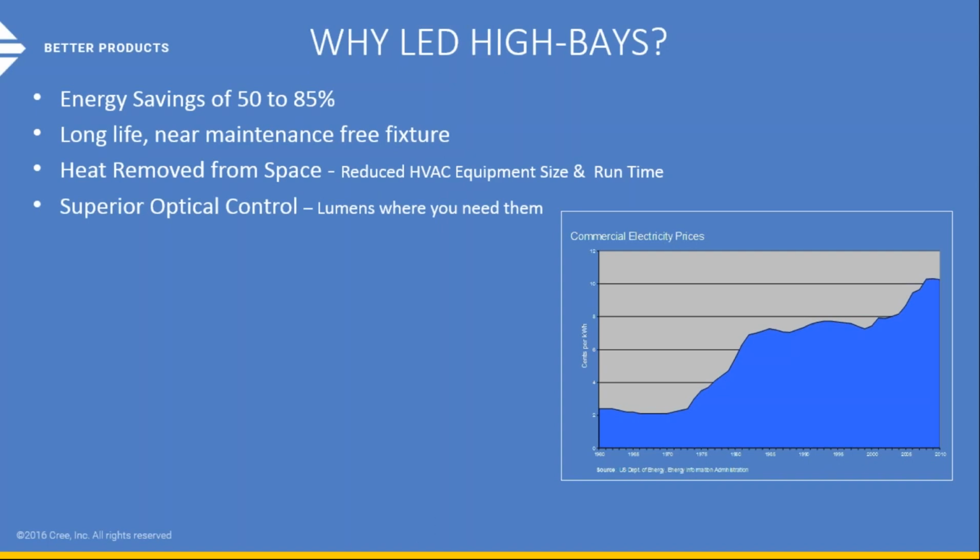Superior optical control. You heard me mention earlier that when you're dealing with fluorescent lamps, largely you have little control of how you actually display the optics or display the light going from the actual light source through the fixture. You might have some reflectors that help that cause. LEDs have so much better of a way of controlling light.